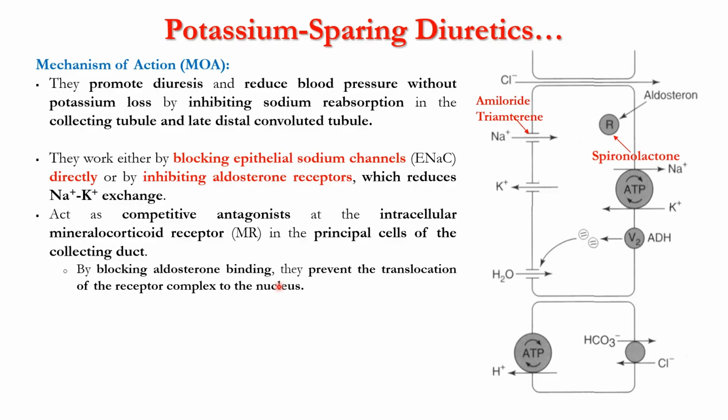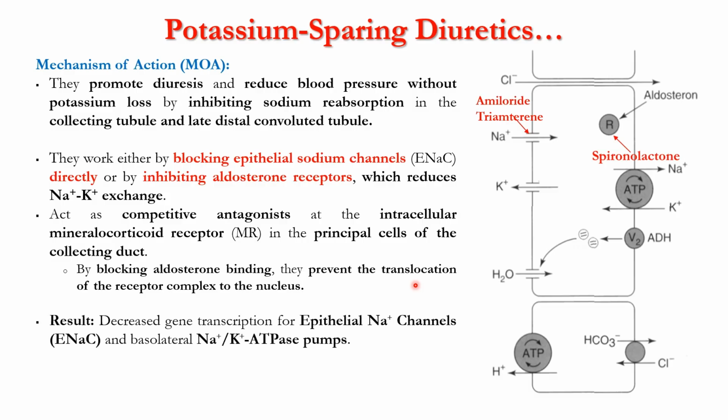So by doing this, they can block the aldosterone binding and they can prevent the translocation of the receptor complex to the nucleus. So generally, as a result, the potassium-sparing diuretics, by binding to the epithelial sodium channels with a blocking effect and also by inhibiting the aldosterone receptors, can decrease the gene transcription for the epithelial sodium channel and the basolateral sodium potassium ATPase pump.